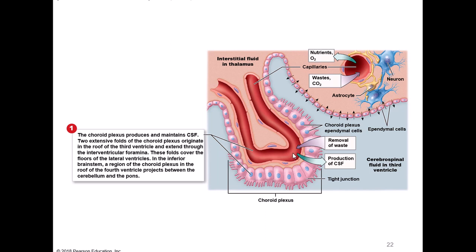The plasma will come through the ependymal cell and go into the ventricle, where it's now the cerebrospinal fluid. Waste products in the cerebrospinal fluid can go this way. So the ependymal cell is acting as a kind of gatekeeper, letting substances into the cerebrospinal fluid and removing waste products back into the bloodstream. That's how the cerebrospinal fluid is formed.